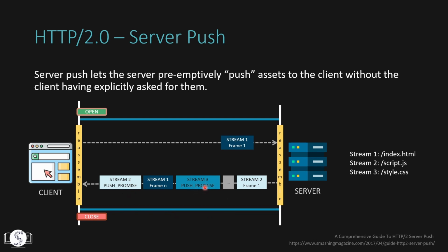The client can accept or reject it. If the client decides to reject it, maybe because it already has the resource in the cache, the client will send the RST_STREAM type frame to the server. These features can eliminate the need for resource inlining in HTTP1.